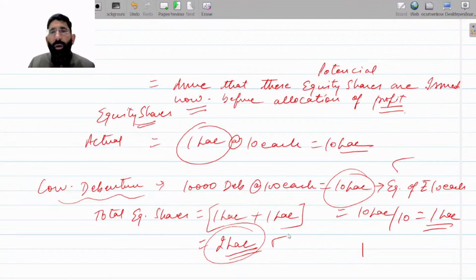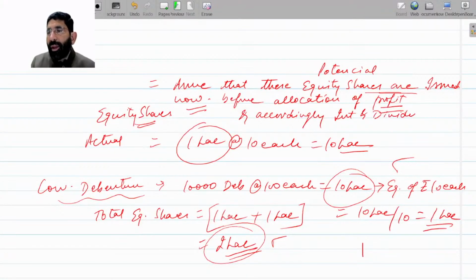When these will be added, obviously we have to assume that these equity shares are issued now before allocation of profit, and accordingly interest and dividend payments will change.